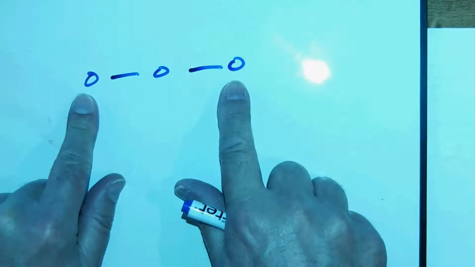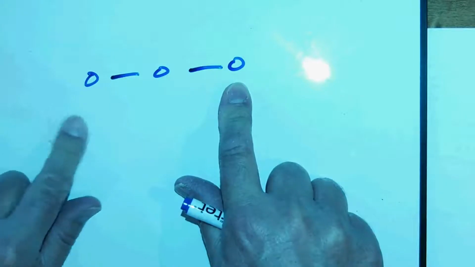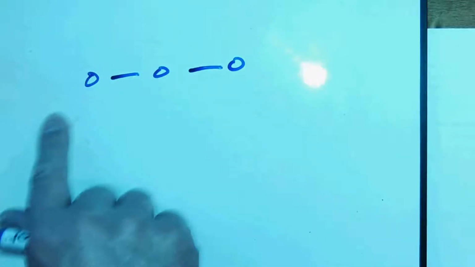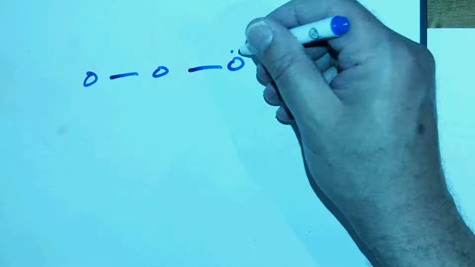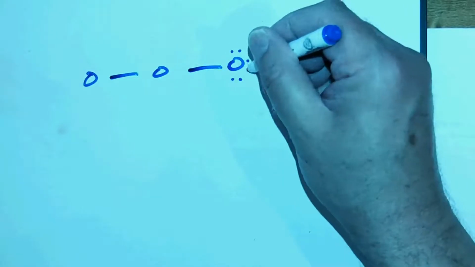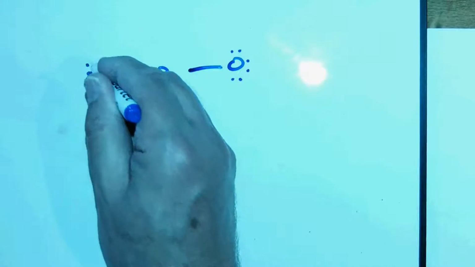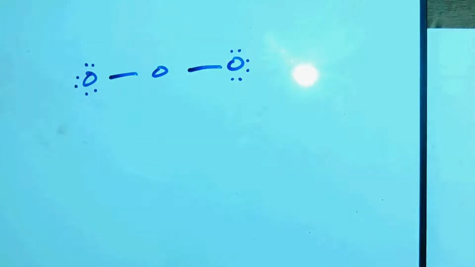These are my outer atoms. And the next rule says to complete the octets of the outer atoms. So I'll go ahead and do that. There we go.